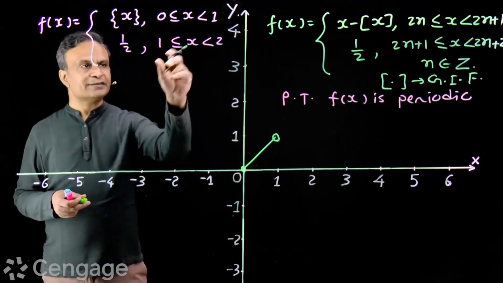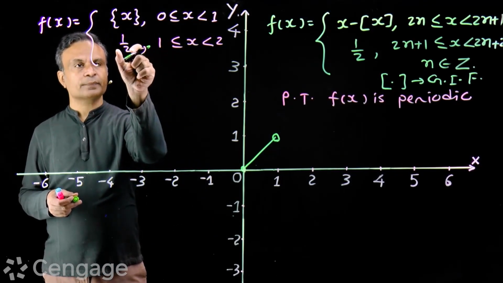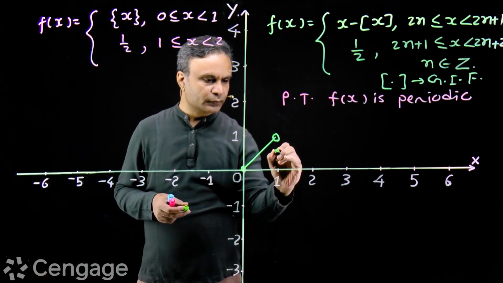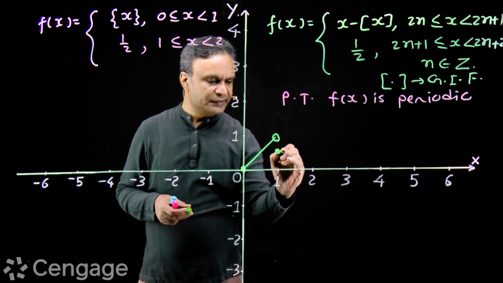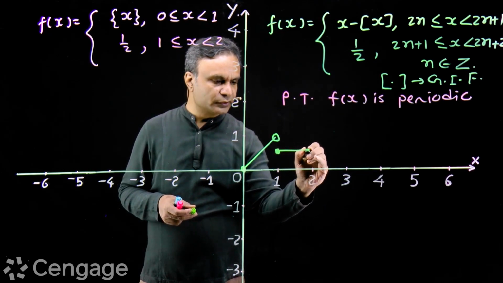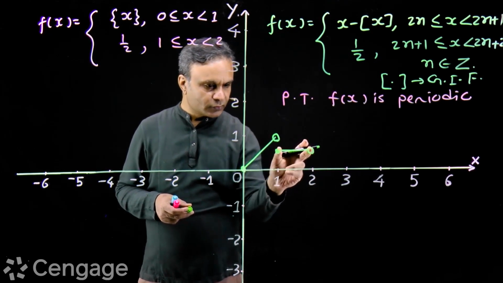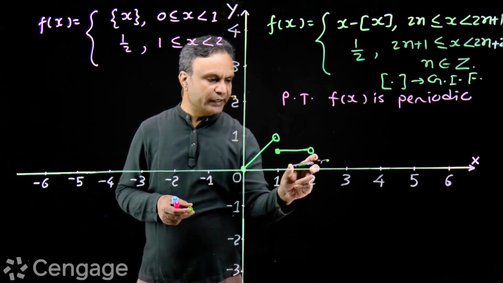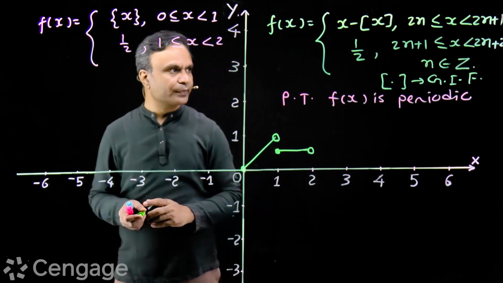And for 1 ≤ x < 2, we have f(x) equal to 1/2. So we will have this horizontal line segment, y is equal to 1/2 for 1 ≤ x < 2. Okay.